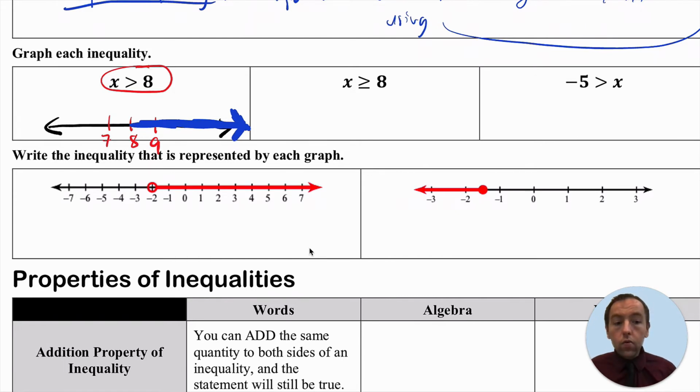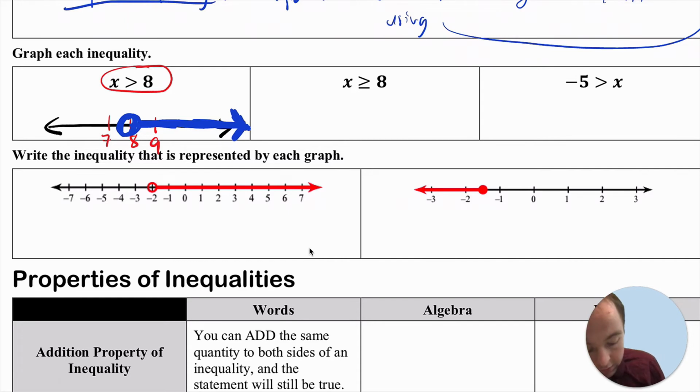The way we do that is we put an open circle right there where 8 is, so you can think like it's empty. We're not going to include 8 because if 8 was plugged in, that's not a true number statement, since you can't say 8 is bigger than itself. So we'll use an open circle whenever we want to exclude a particular value.